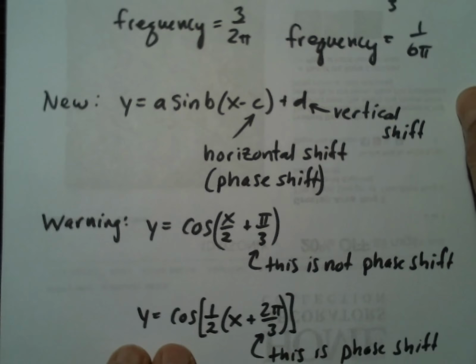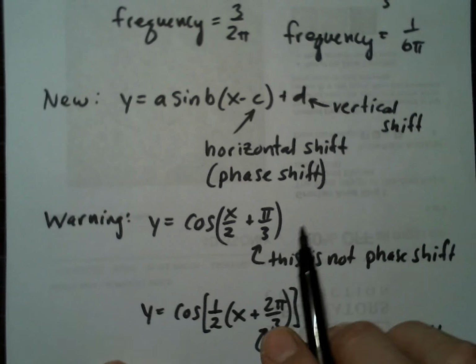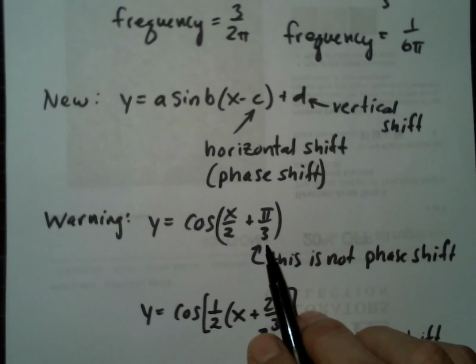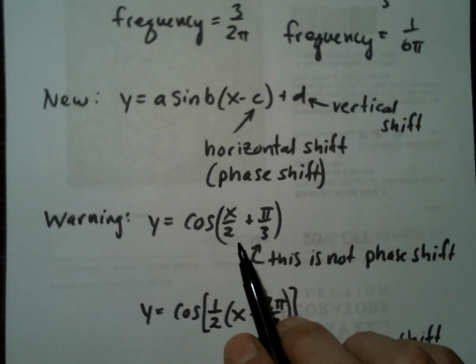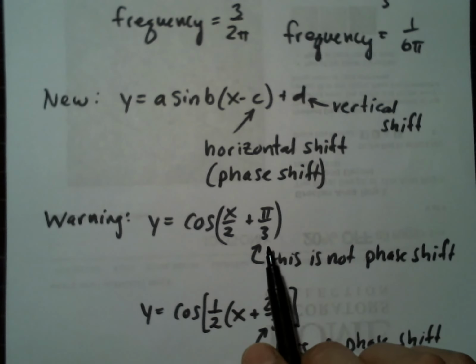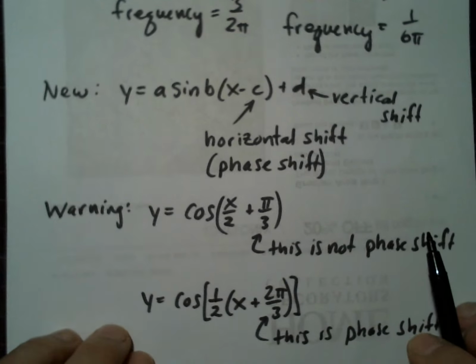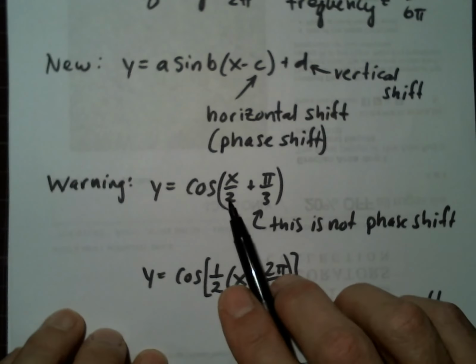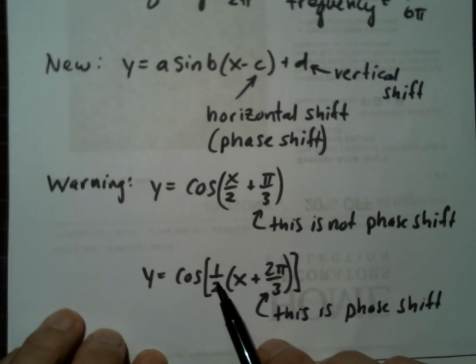We have to be careful not to just take whatever's written here, because this has to just be x. So this is not the phase shift or horizontal shift. We have to factor out a 1/2. In this problem, we'd factor out a 1/2.